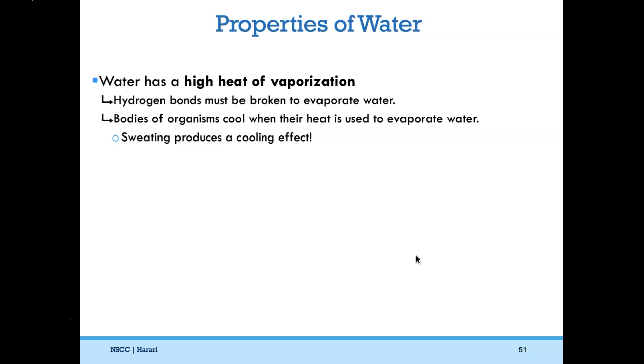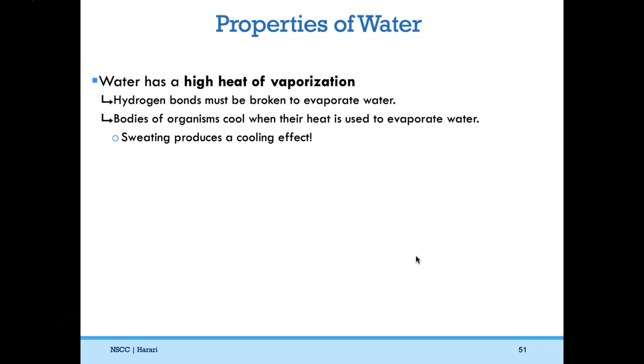Water has a high heat of vaporization. That means that hydrogen bonds must be broken in order for water to evaporate. So water stays as a liquid very efficiently. You need to put in a lot of energy to break all those hydrogen bonds and turn liquid water into water vapor, which is gas.